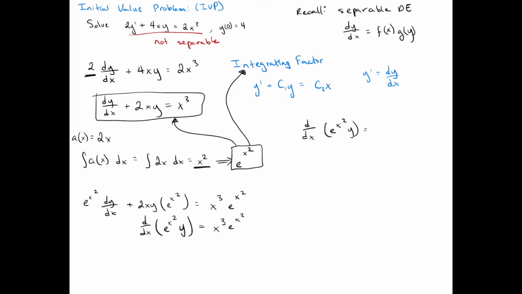The derivative of e to the x squared becomes 2x e to the x squared, times y, and then the derivative of y becomes 1, so we get e to the x squared y prime, or in other words dy dx.